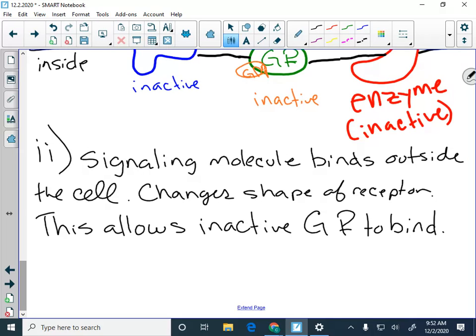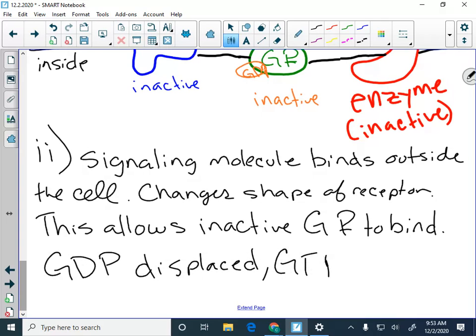the GDP that was in the G protein gets displaced, and a GTP takes its place. So, GDP displaced, GTP binds.